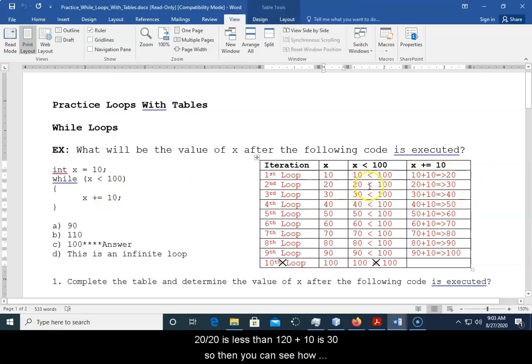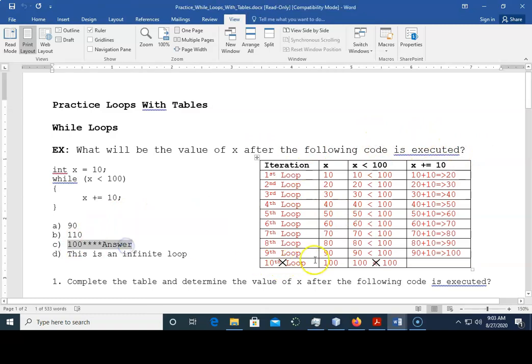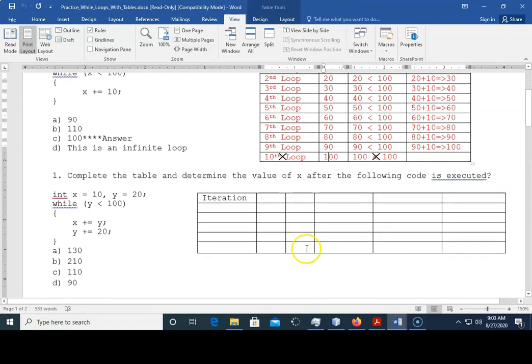So this becomes 20. 20 is less than 100. 20 plus 10 is 30. So then you can see how easy this is. 40, 50, 60, 70, 80, 90, and 100. Is 100 less than 100? No. So what will be the value after the following code is executed? The answer is 100. Okay, so pretty easy.